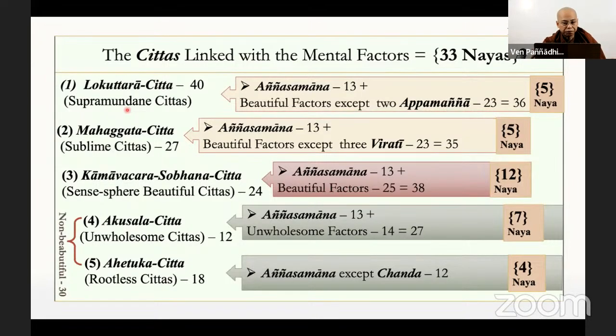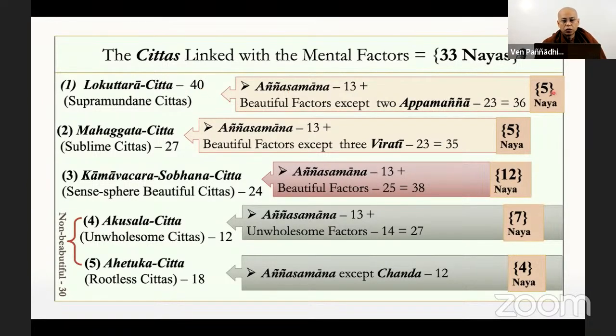We will continue studying the mental factors, just counting. If we know the principles of the association and combination method, it is not difficult. Before we continue, let's review briefly. In the Lokuttara Citta, the 8 Lokuttara Citta multiplied by the 5 jhanas become 40.